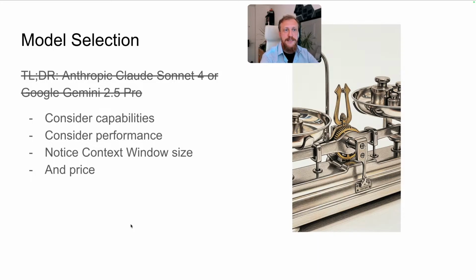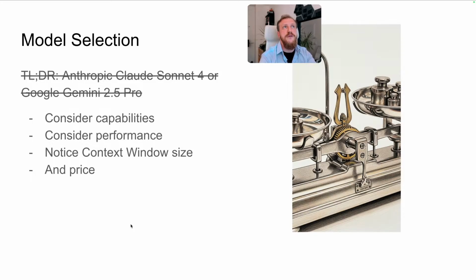That's a big difference. Now, very important to understand the context window size. For context window size, I have a separate slide coming in a couple of moments, so I will explain it. And then price. Of course, it's pay as you go, not a subscription, so it's important to consider price.